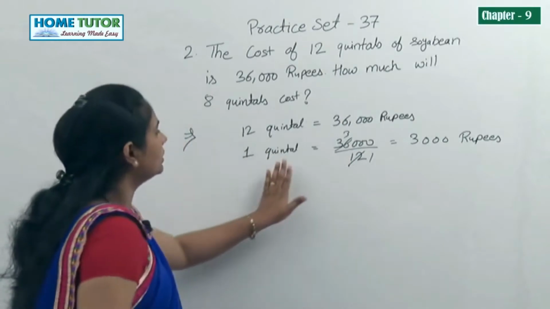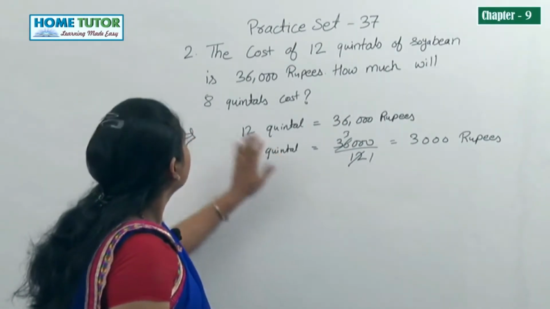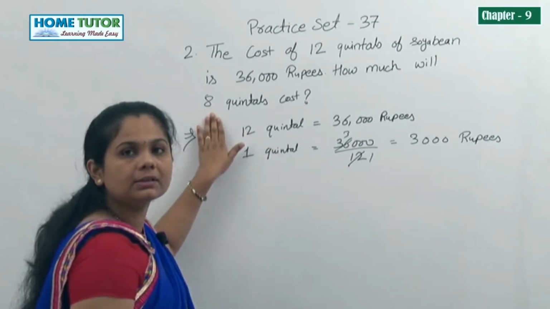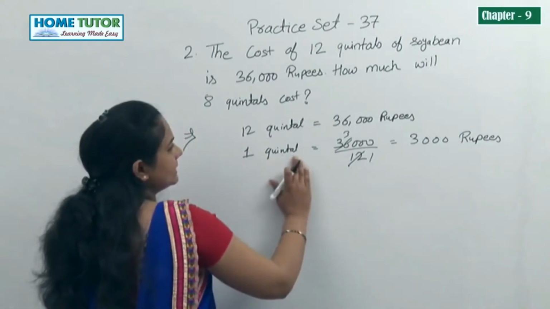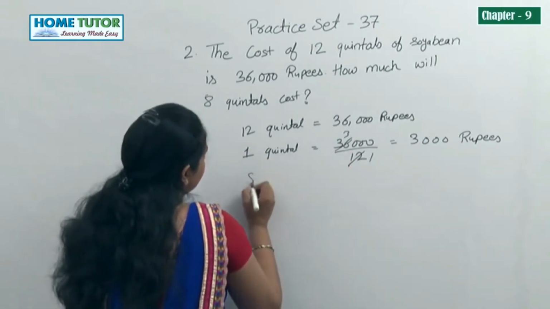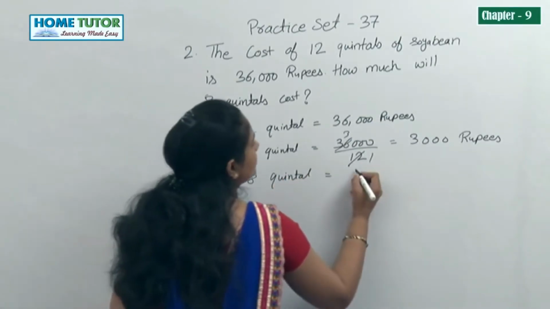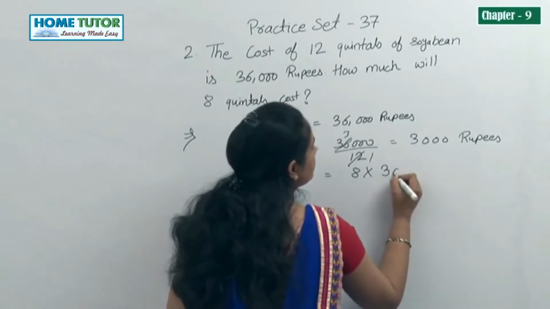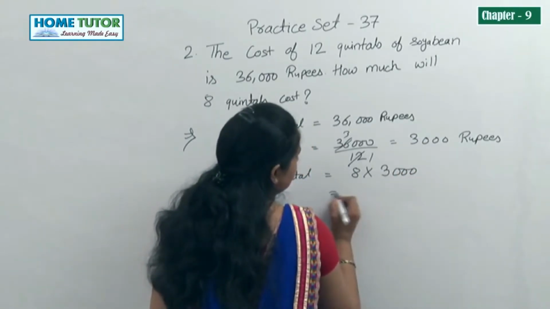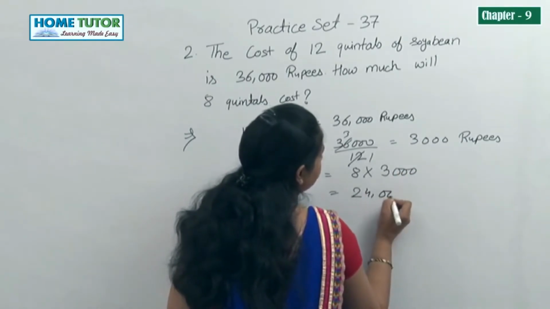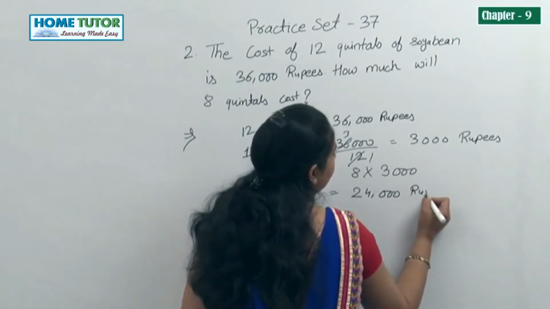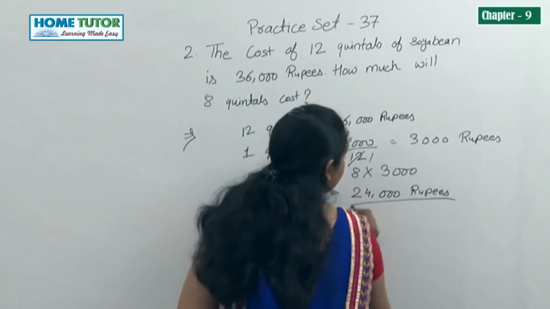Now I know the rate of 1 quintal. We can find the 8 quintals cost. So 1 quintal is equals to 3,000 rupees. Therefore 8 quintal is equals to 8 multiplied by 3,000, is equals to 24,000 rupees. 8 threes are 24.